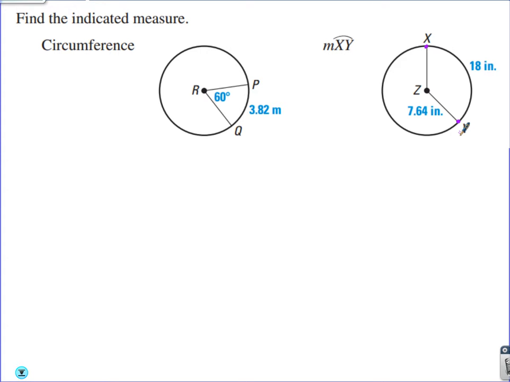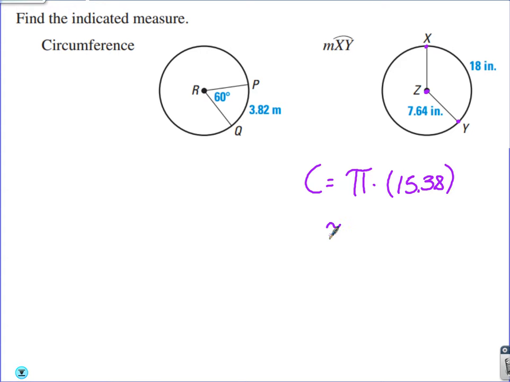Okay, 7.64. That's your radius. Okay, now let's find the distance. Let's find the whole circumference here. Circumference is equal to pi times diameter, which 7.64 times 2, that's going to be 15.28. I think. Check me on that.